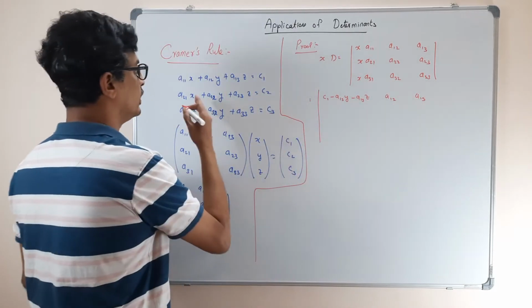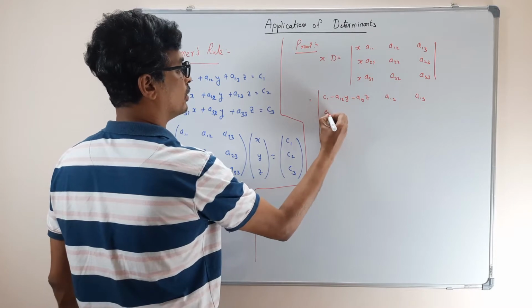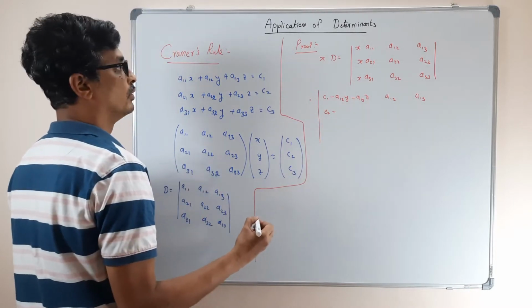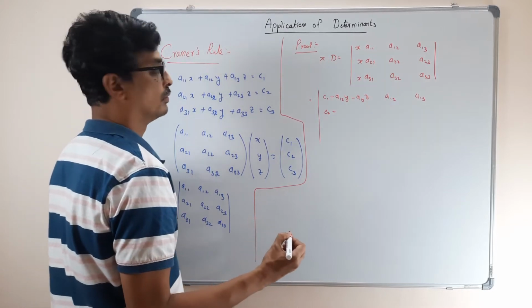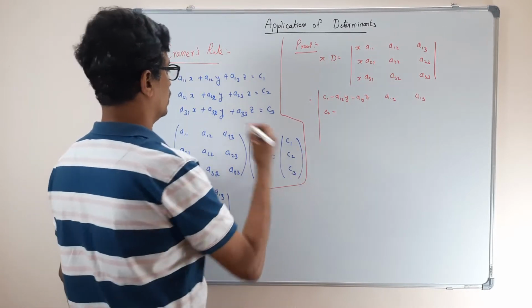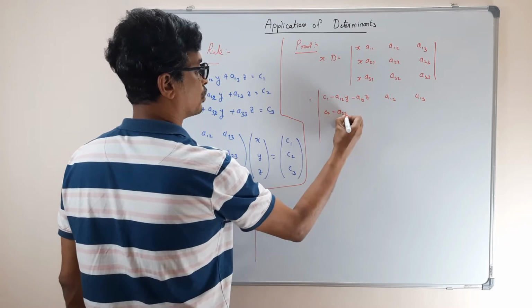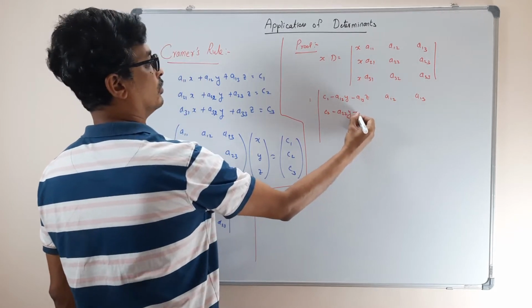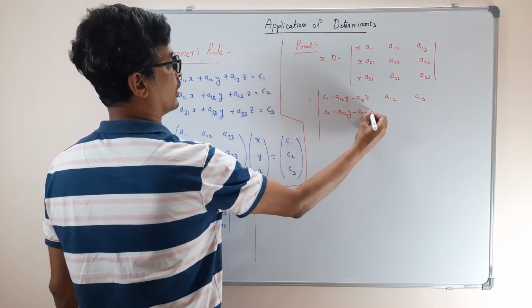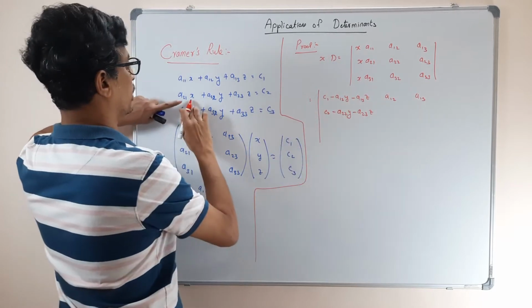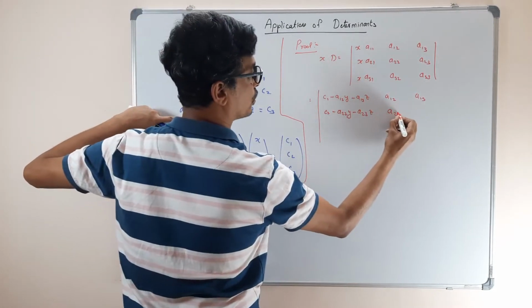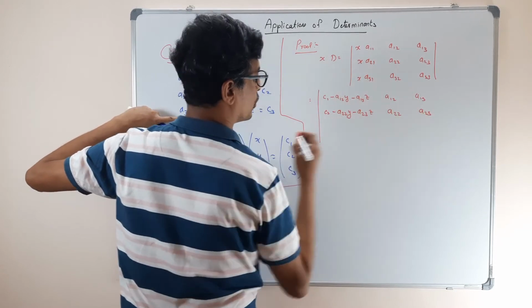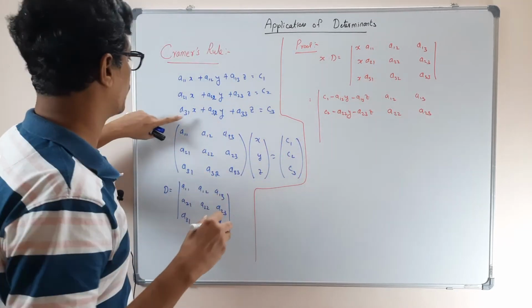And similarly for this, it will be c2 minus a22y minus a23z, because I am taking from here. Because of x a21 next, and this will be a22 and a23. Maybe not, the space may not be sufficient.